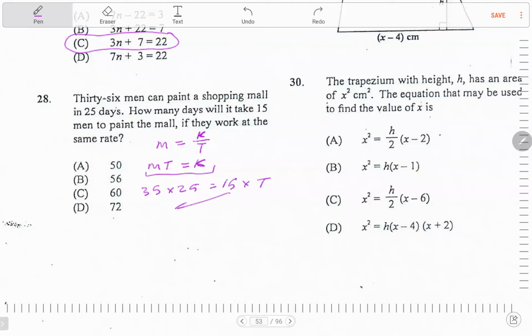So the time will be equal to 30 times 25 days over the 15 men, and that will tell us how long it will take. I will simplify this down, and you're going to get 50. Everything here can be divided by 5. We divide it out. All right, let's see.